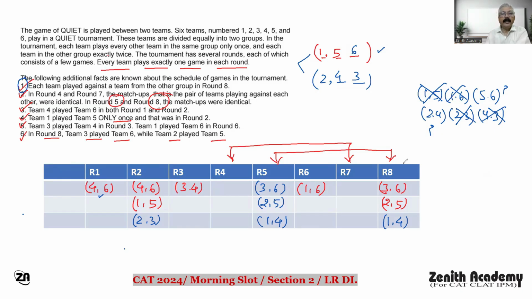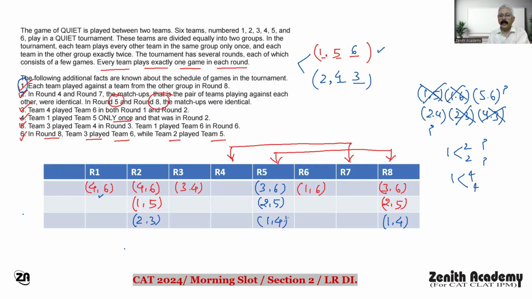Right. And now see the matches with other teams. So like here, it is 3, 6. Okay. So first you take 1, 2. 1 with 2, no, it is to be completed. 1 with 4.